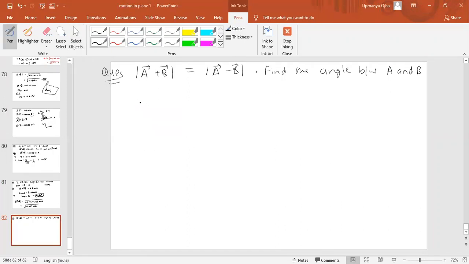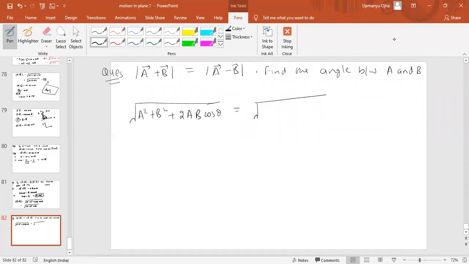Mod of A plus B can be equal to square root of A square plus B square plus 2AB cos theta, where theta is the angle between A and B, should be equal to mod of A minus B.